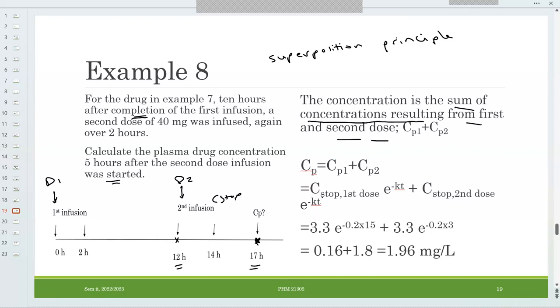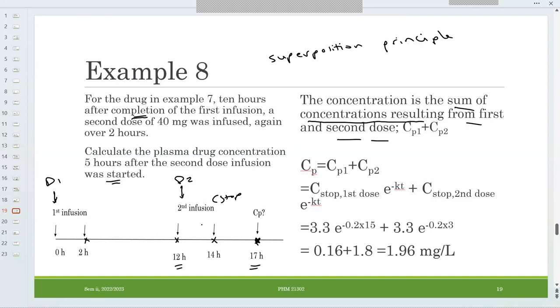So how to calculate? Same thing: C stop times elimination fraction plus C stop times elimination fraction. The first C stop will be exactly the same as the second C stop because we are giving the same dose. We are not talking about them together; we're talking about each one alone.